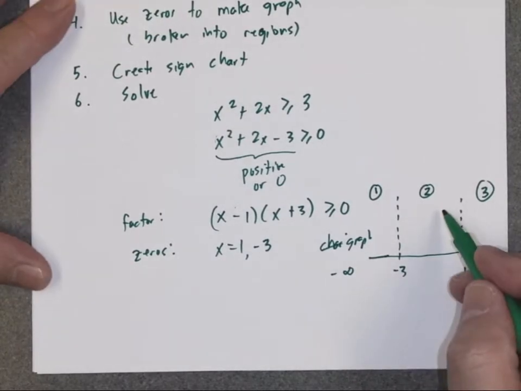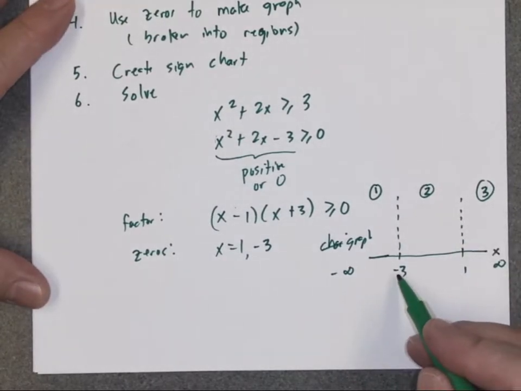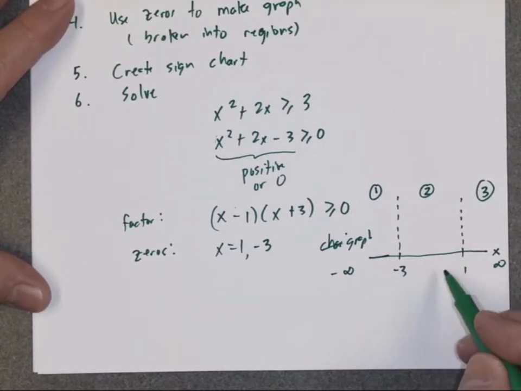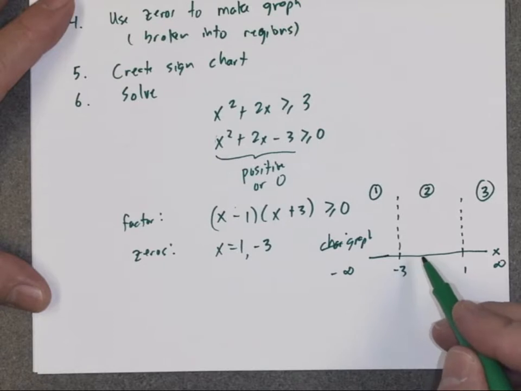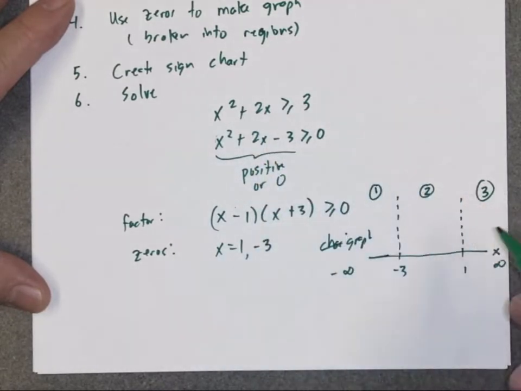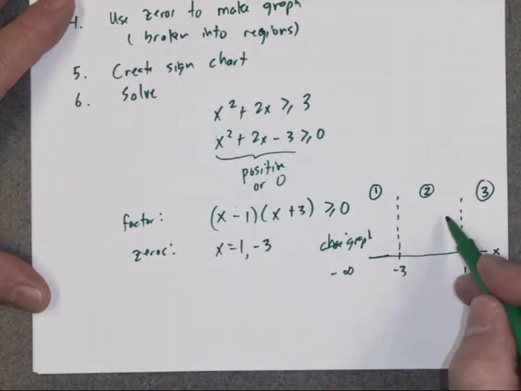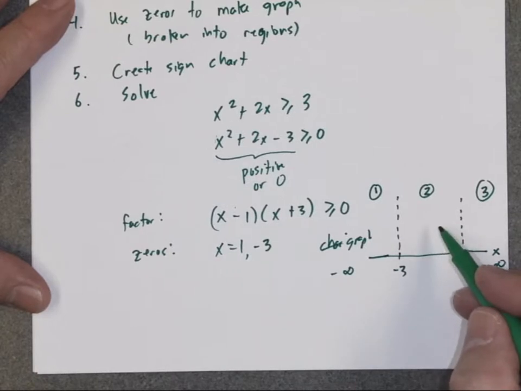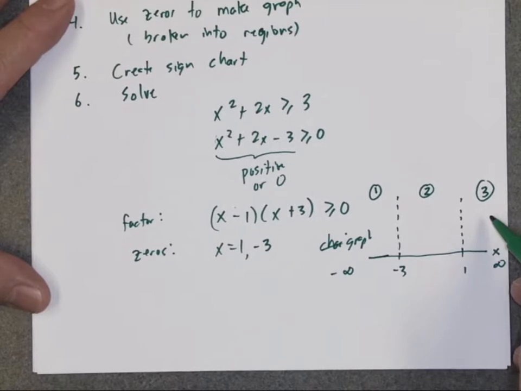Then, if I go to region 2, which is between -3 and 1, any value of x I choose in region 2, in other words, -2, -1, 0, any of those values, if I plug those in for x, it's always going to be the same sign. Once again, I don't know for region 2 whether it's positive or negative, but it's not going to change. And then region 3 is the same way.